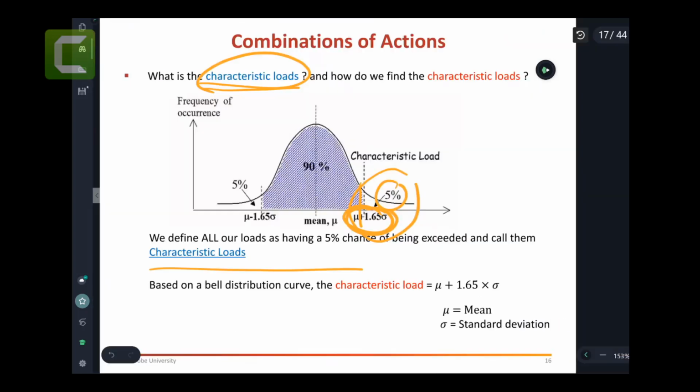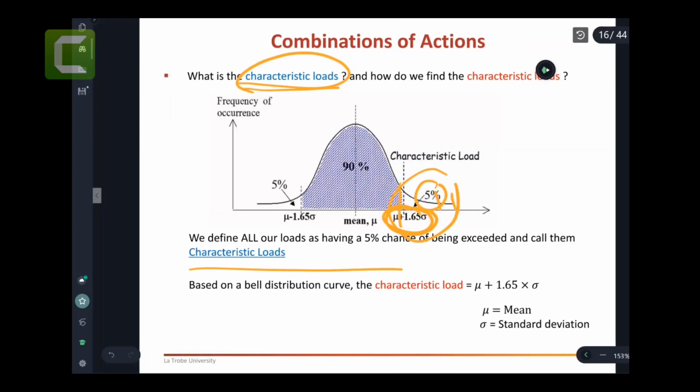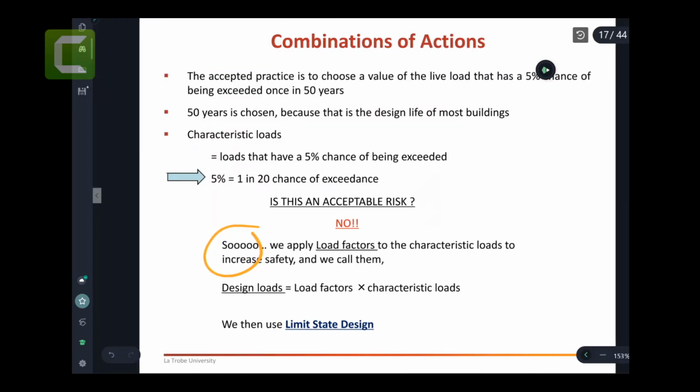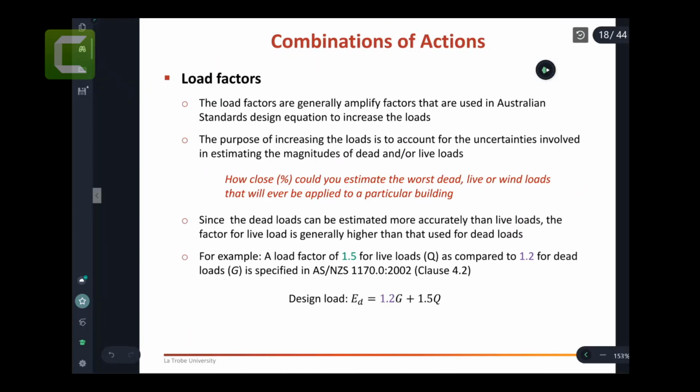Because whatever figure you're going to say, there's always a chance people are going to misuse it, and then from here the standard said we have to use safety factors, and that's where it's going to take us to the combinations, etc. So those safety factors, which are summarized for you here, they are just numbers.